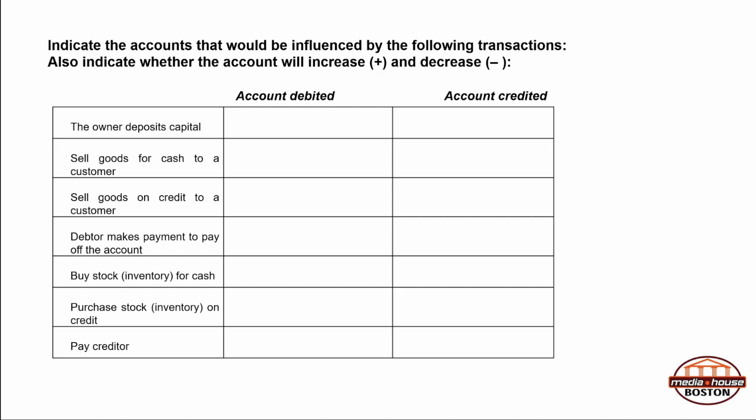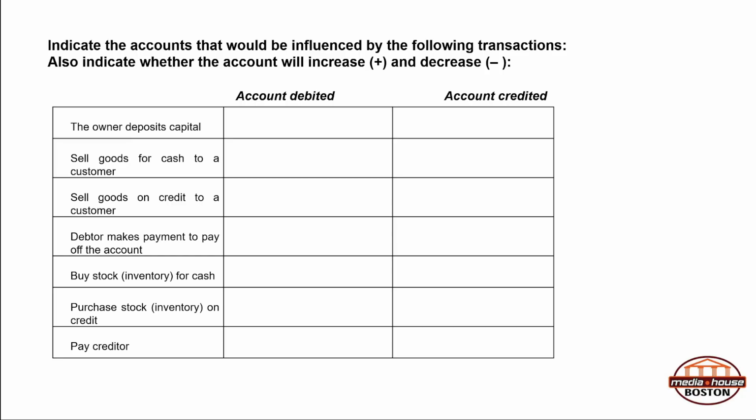Let's say the owner deposited capital into the business. This means that the owner took money and invested it into the business account, so the bank account of the company will go up. That is the first thing: identifying the accounts and also the effect on that account. So the money came in and the bank account went up. The owner invested money, his share of interest also goes up, so the capital also goes up.